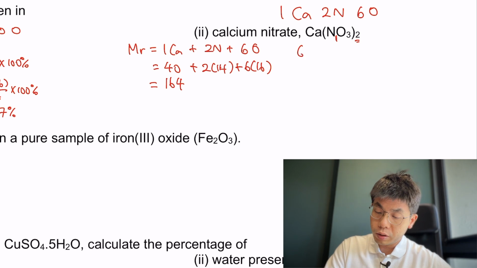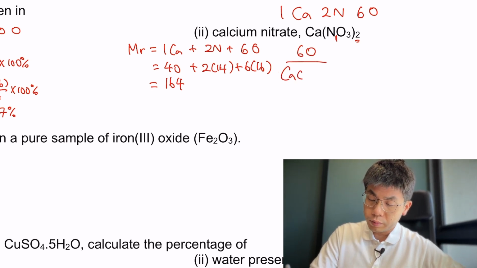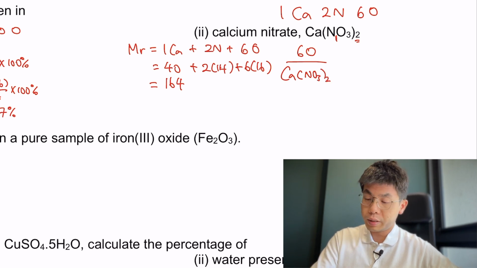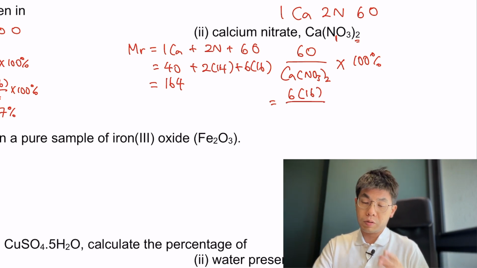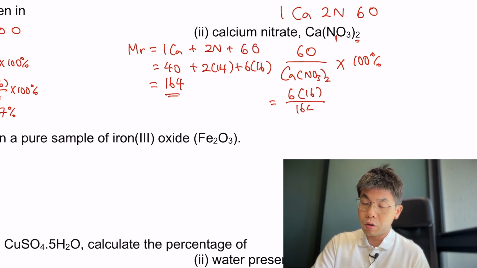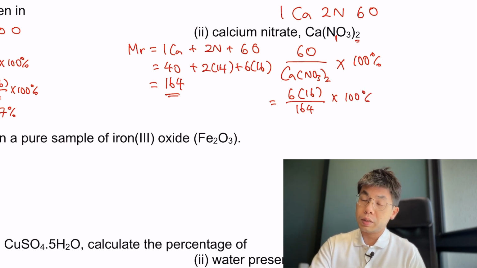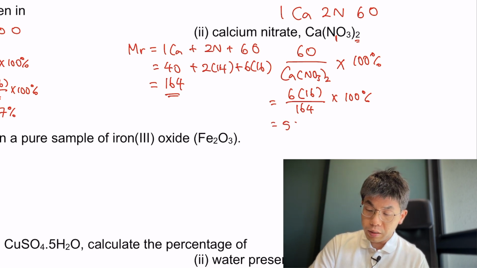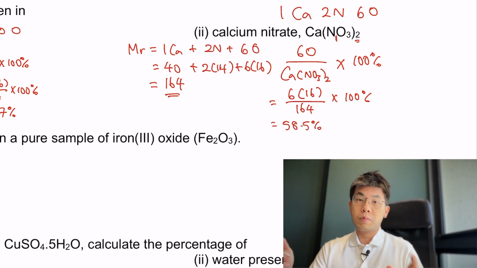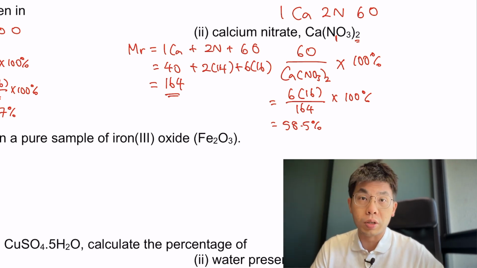So we want the 6 O's over calcium nitrate, times 100%. So the 6 O's is 6 times 16 over the MR of calcium nitrate, which we calculated is 164, times 100%. If you do the math, you get 58.5%. So that means 58.5% of the mass of calcium nitrate is actually oxygen.